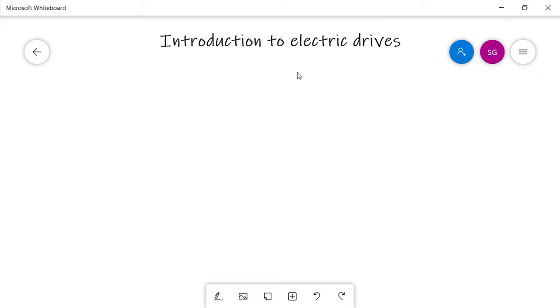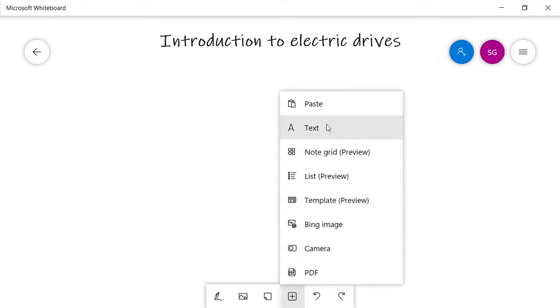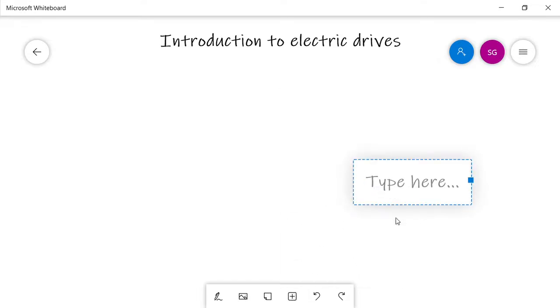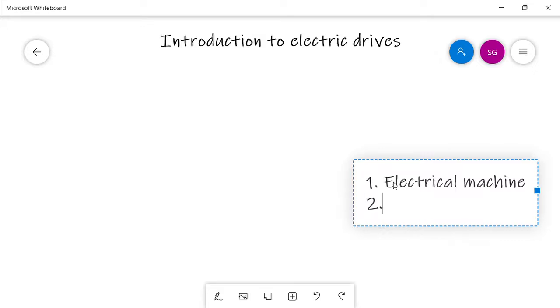So the subject has become important for industrial science, and the components of this are: the first component is the electrical machine, the motor which we are using. Second is the power converters.